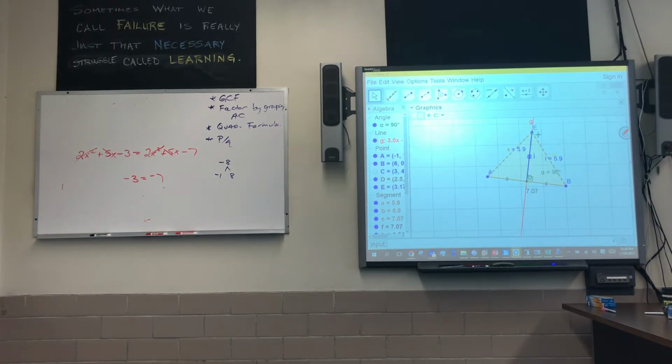The angle that is not opposite the congruent side, the angle that is opposite the base, that's called the vertex angle, right? And if we have a segment that goes from the vertex angle perpendicular to the base, doesn't it bisect the base of the isosceles triangle?